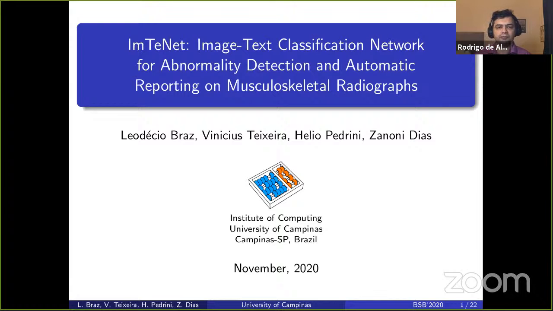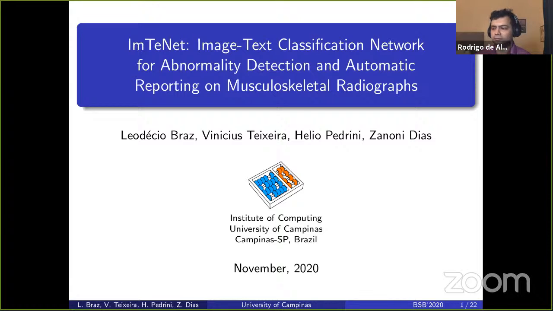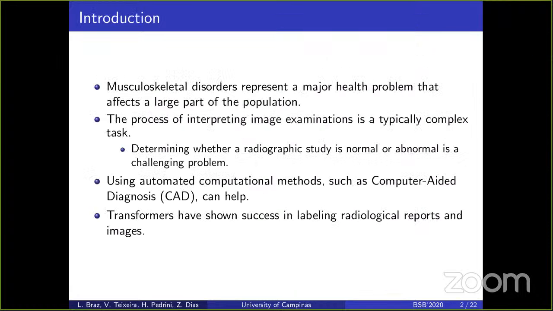Okay. As the host said, my name is Leodécio Braz, and our work is this title, and we're gonna start now. So, musculoskeletal disorders represent a major health problem that affects a large part of the population.